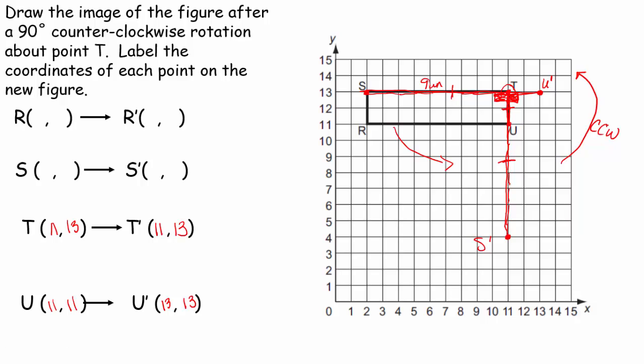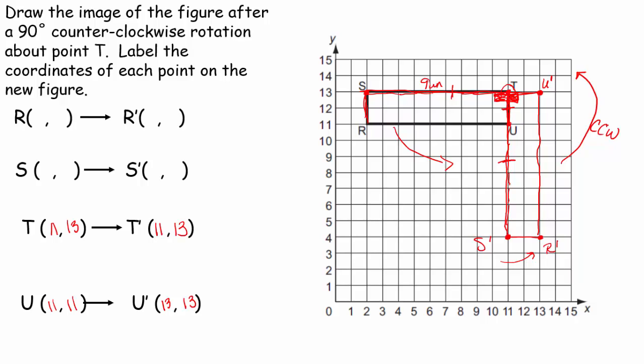Now let's go ahead and move point R. Remember, we're going counterclockwise, so we're going to the right. I'm moving that shape to the right. So I can easily put R prime here because I know that R is 2 units away from S. And since I'm moving everything to the right, I know that R has to be located right here. But how do I make that 90-degree angle with my vertex T to prove it?